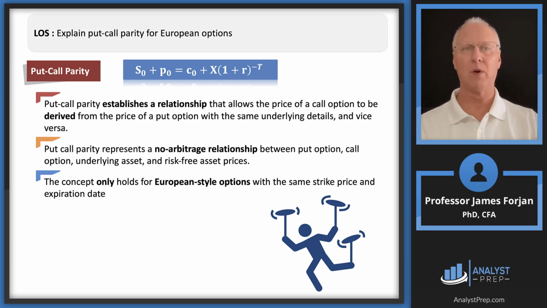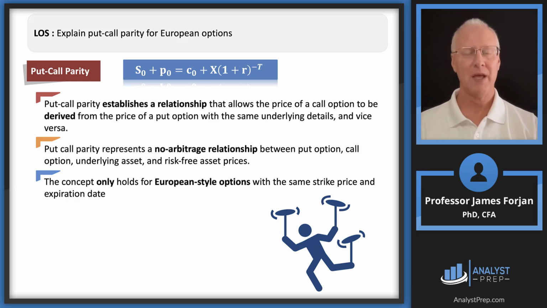We're juggling these things. And what put-call parity tells us is that there has to be an equilibrium relationship between and among the stock market, the options market, and the credit market. And that's essentially what put-call parity is. So let's go through this slide here. What do we say in that first sentence?